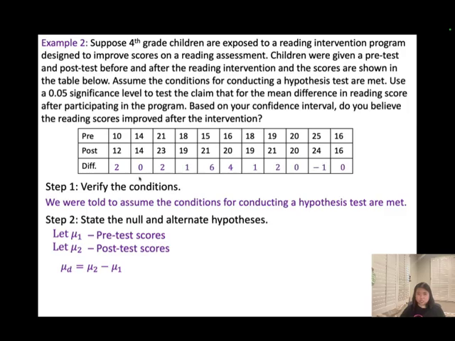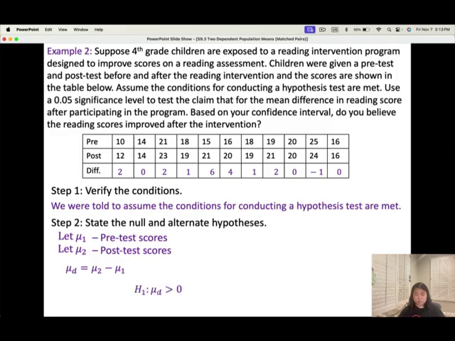Okay, so you should have these numbers. And I want to do mean 2 minus mean 1 because they say, do you believe the reading score improved after the intervention? Improve means the post-test result should be better than the pre-test result. So I believe the alternate hypothesis will be greater than 0. So I have an alternate hypothesis, the mean of the difference will be greater than 0.